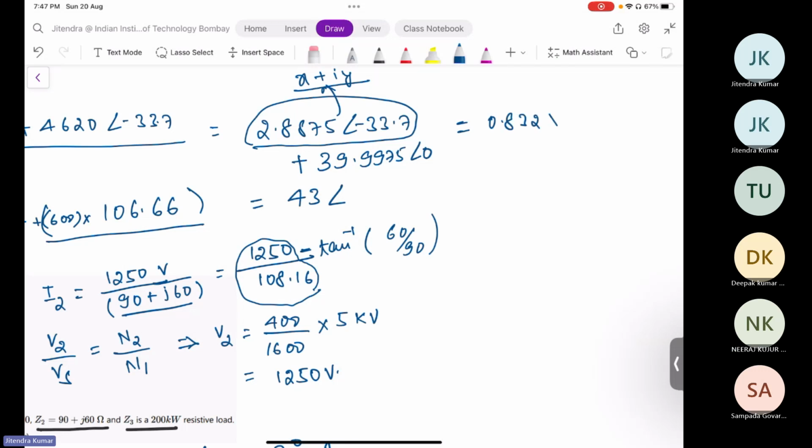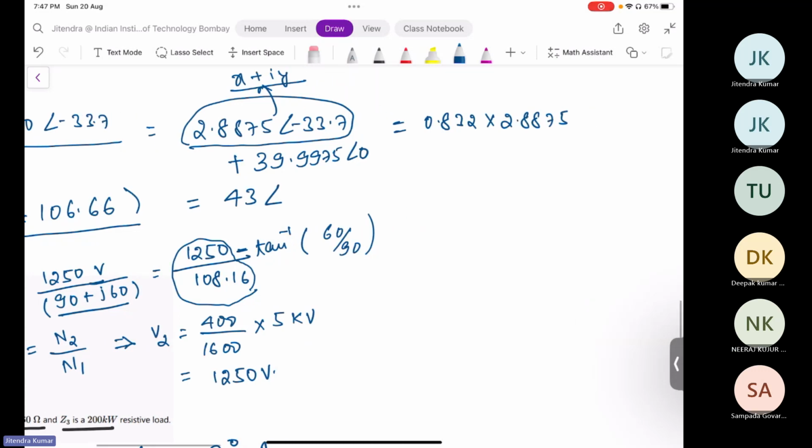Sir, in case of division we subtract the angles, and in case of multiplication we add the angles of the two quantities. In case of addition, you have to break the components into real and imaginary terms. You cannot straight away add the angles. In multiplication and division it holds true, you can subtract and you can add.